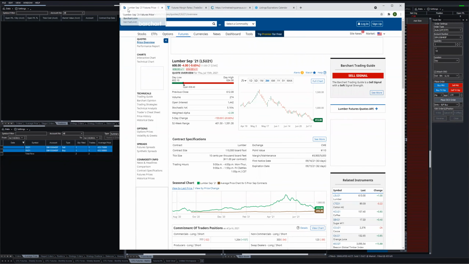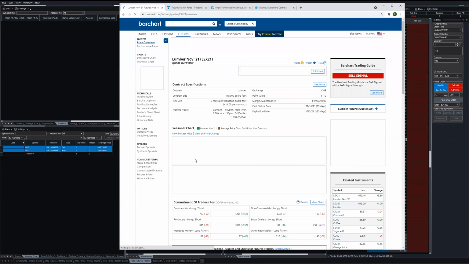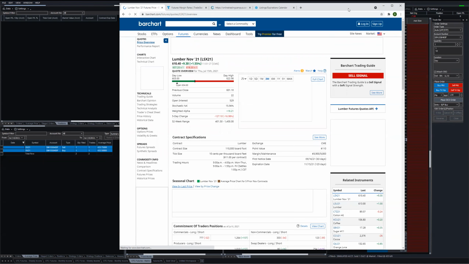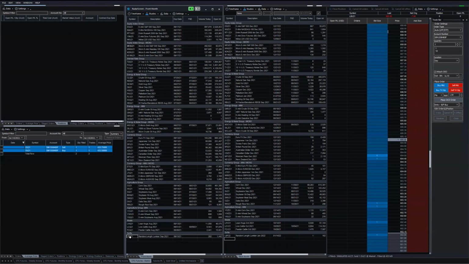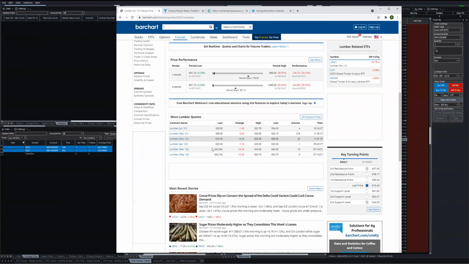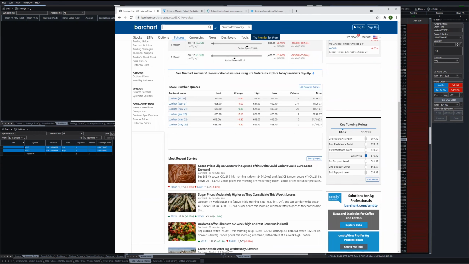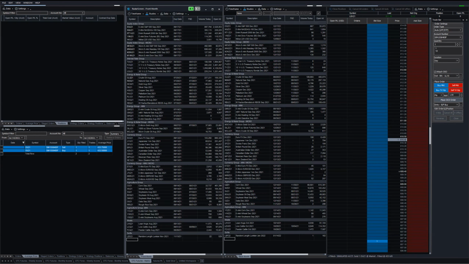So this should be November, X. That's correct. LBX21. And then the next one is January. That's what we have. Random length lumber, yeah, that was a mistake.